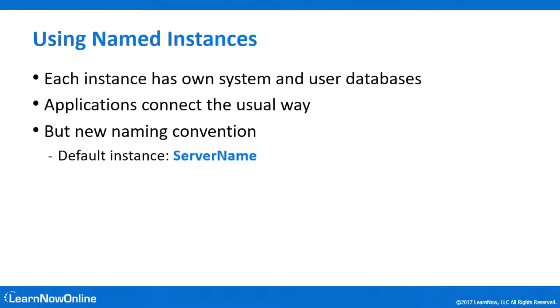So if you have a default instance, it has the same name as the computer it's on, just as in older versions of SQL Server. But to connect to a named instance, a client has to use this kind of syntax: server name\instance name. And you just use that in the connection string for an application.